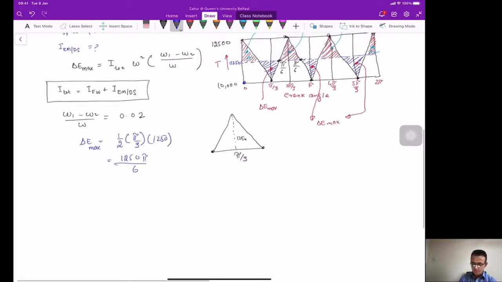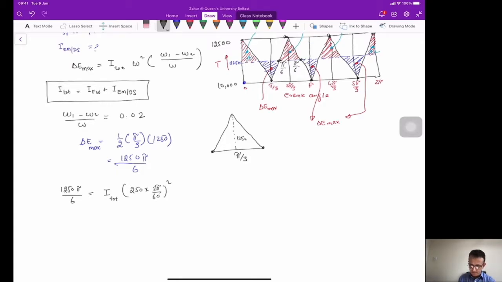Okay, so now you can put the values in this equation here. If you put the values here, we should get the value of I total. So put delta E maximum, which is 1250 pi by 6, on the left, and on the right hand side we have I total and then omega square, which is given as 250, but obviously you will need to multiply this with 2 pi divided by 60 to change this to radian per second.